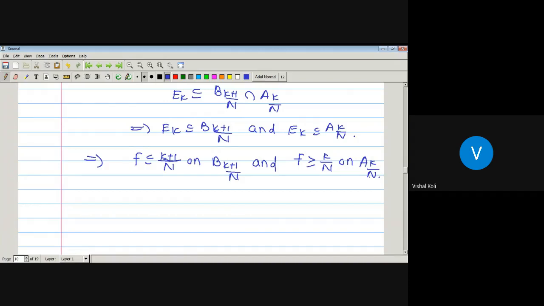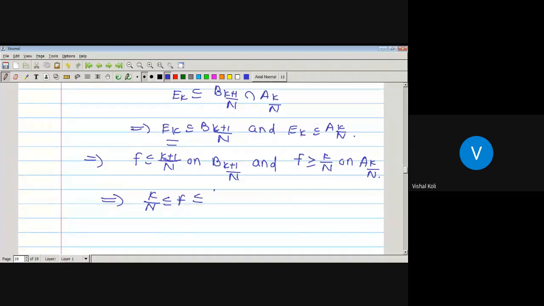Okay, and this is for the same set E_k, that is, k/n is less than or equal to (k+1)/n, and this holds on E_k.